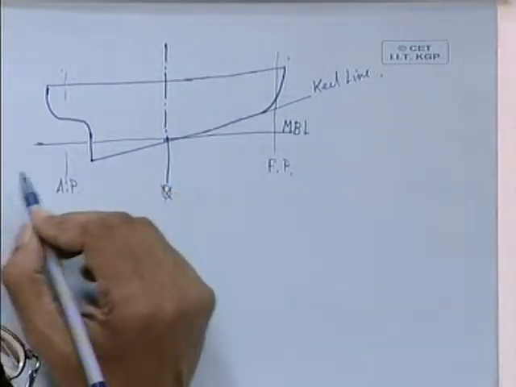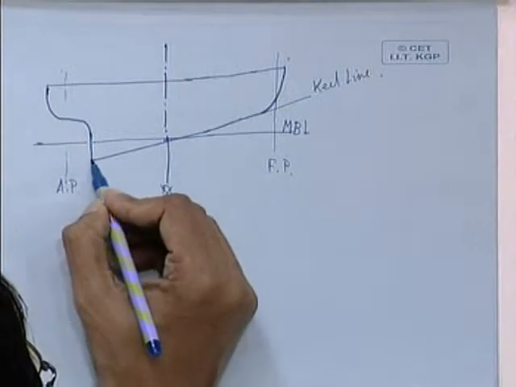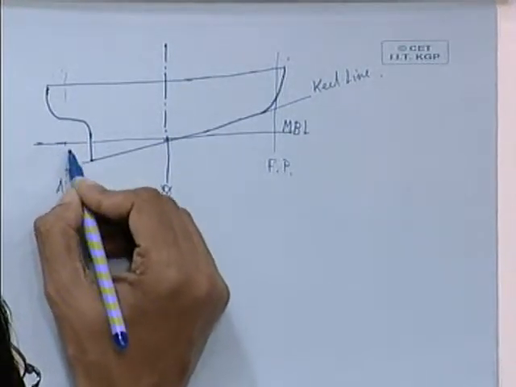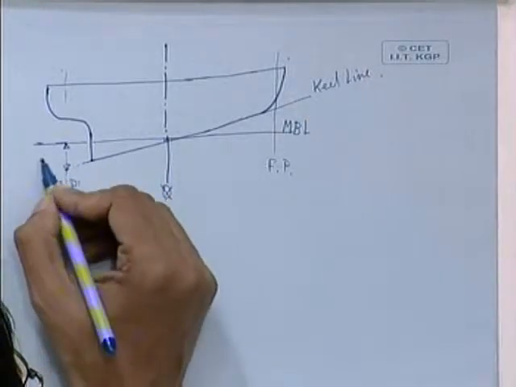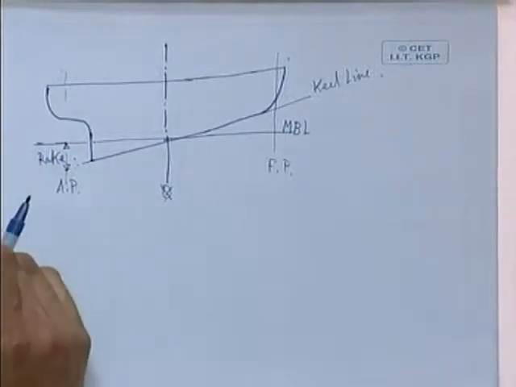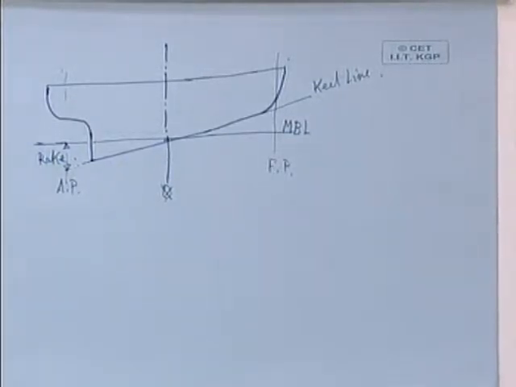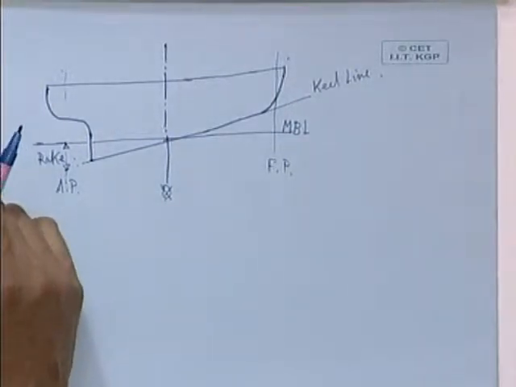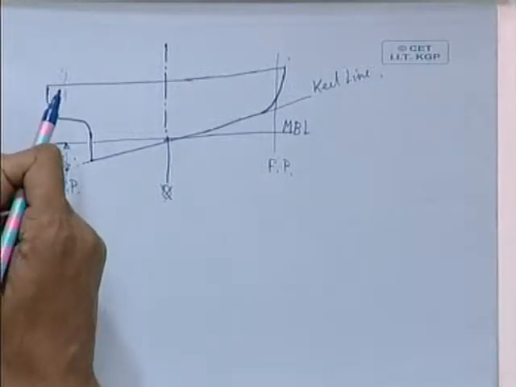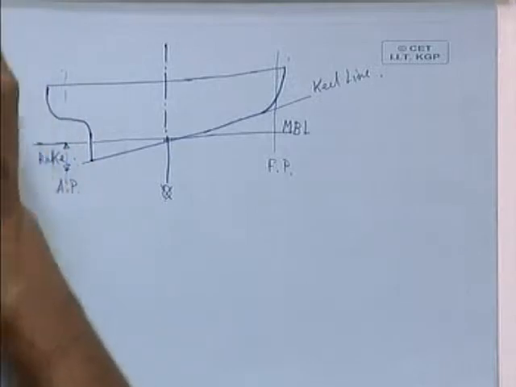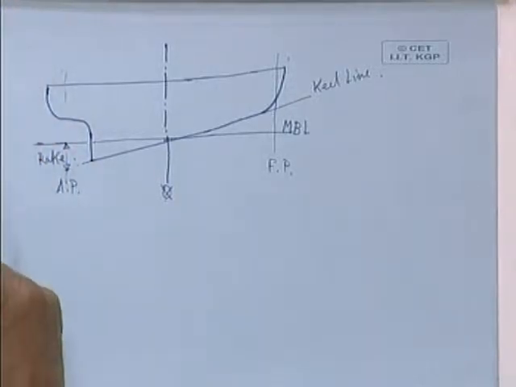If you produce this to the AP, this distance is called the rake. I'm just checking, I think it may be wrong, but here it is. This is quite important actually. I don't know why it has not been mentioned here.